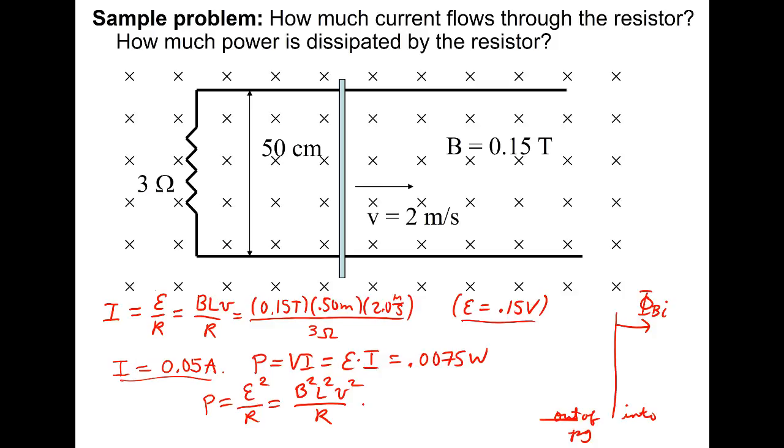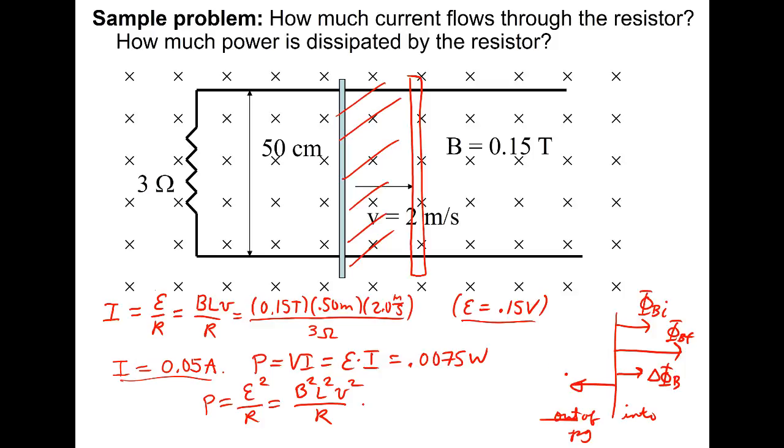And what we can say is that after the bar has moved a little bit, there's going to be more area. So the total amount of flux is greater going into the page. So flux final is bigger, which means that the change in flux is also into the page, which means that the induced field must be out of the page.